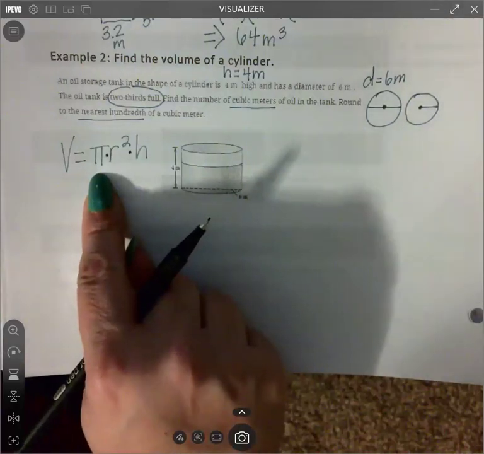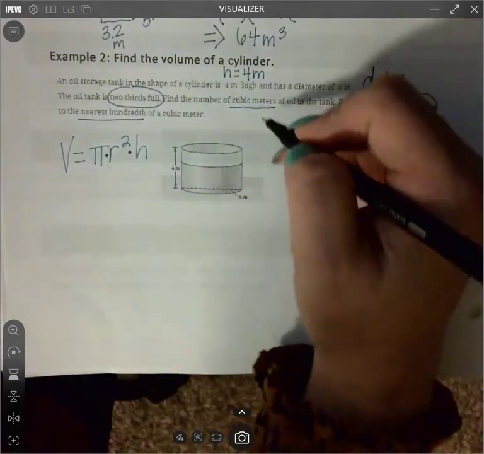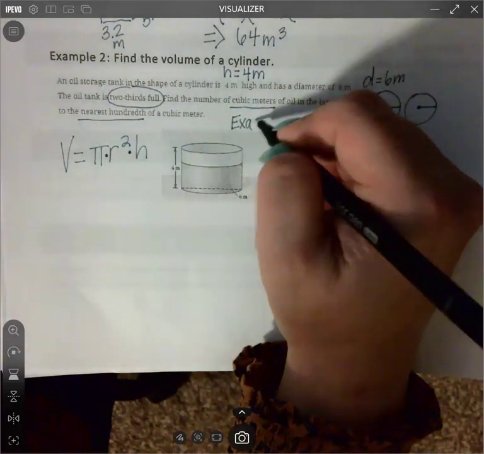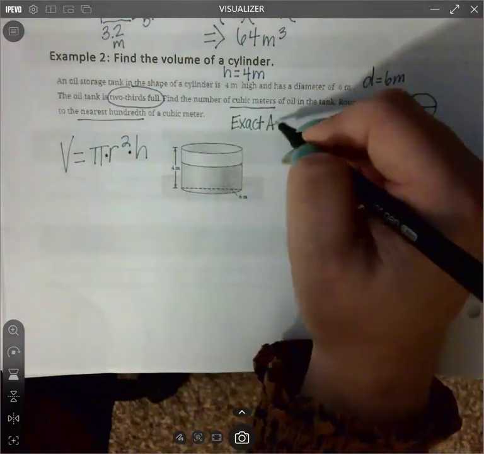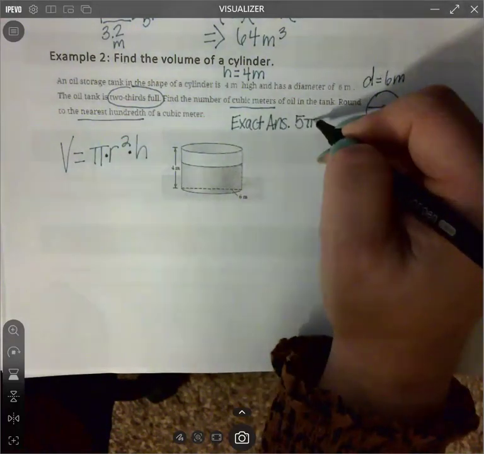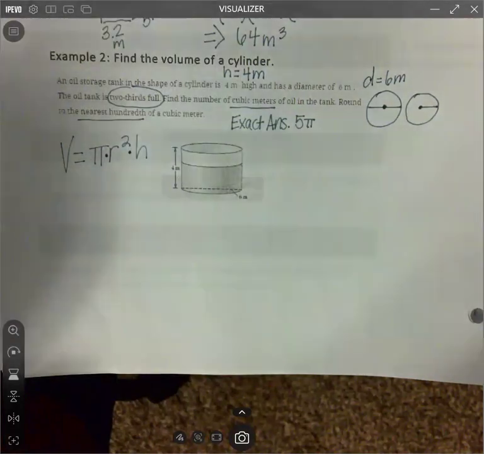There's going to be 2 things that happen within the homework. Sometimes it's going to ask you for an exact answer. And if it does, it wants you to have a number times pi, like 5 pi. Then other times it's going to ask you for a decimal answer.